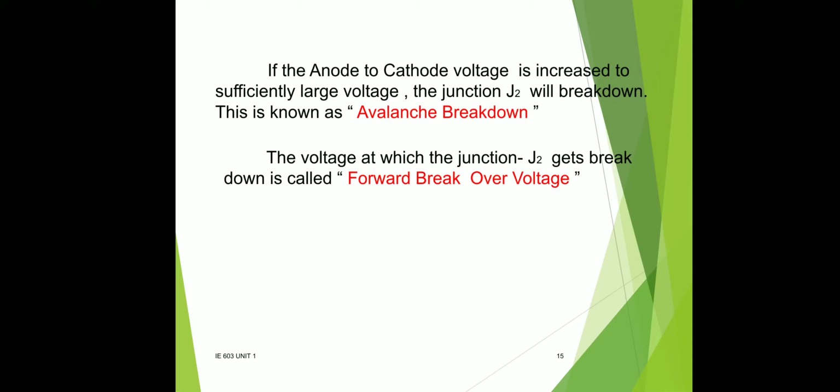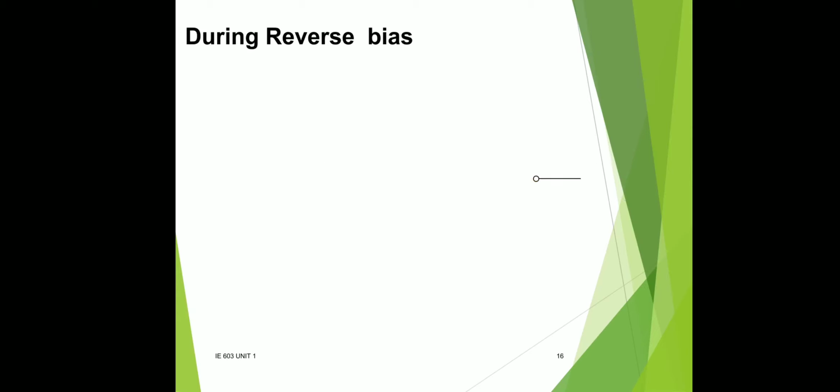The voltage at which the junction J2 breaks. When this junction breaks, if the anode to cathode voltage is further increased, due to the avalanche effect the junction J2 will break. That particular voltage is called forward breakover voltage.